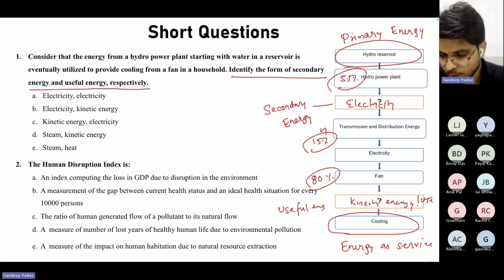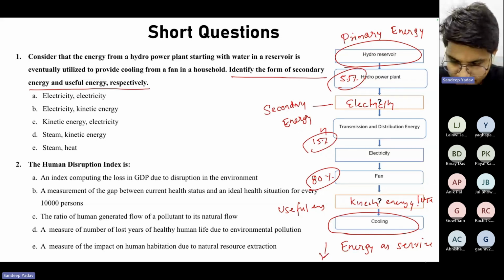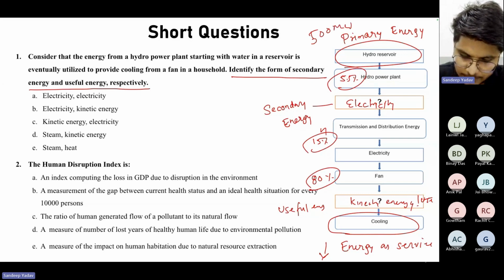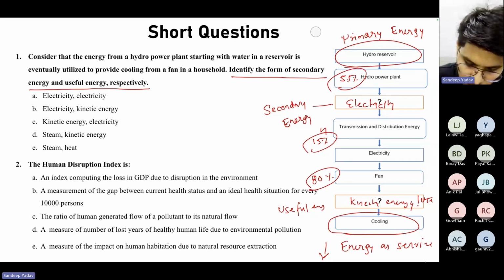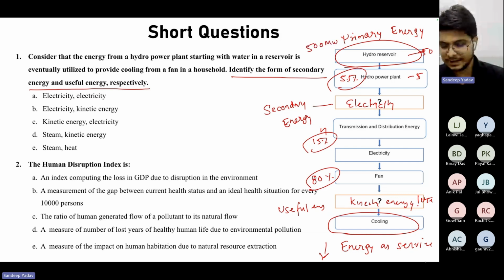So what will be the final amount of energy we are getting if we have a hydro reservoir of 500 megawatts? How much energy are we getting at the energy service?